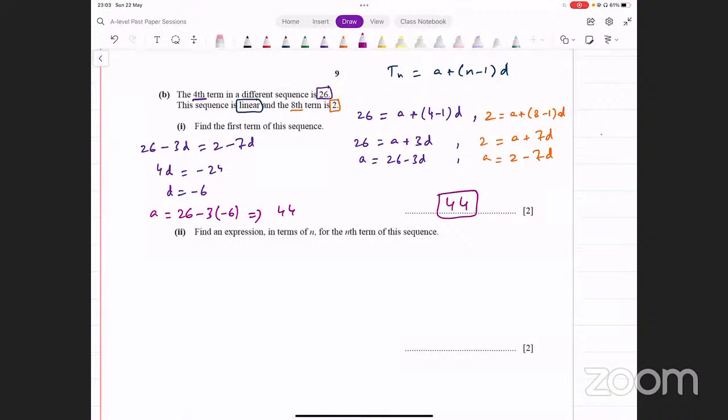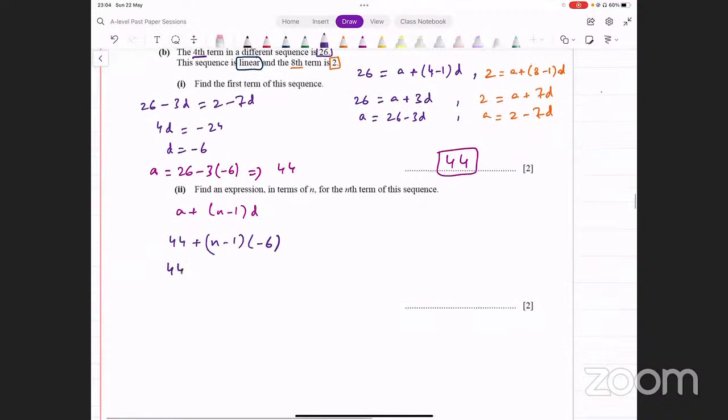ठीक है? Now it is a slightly long process, but if you can't do it mentally, then that's the formal way of thinking about this. या आपके पास 44 रिजल्ट आ गया, that's the first term, a की वैल्यू आ गई, ठीक है। Now once you've got the value of a and the value of d, first term और डिफरेंस दोनों आ गए आपके पास, उसने कहा nth term का फॉर्मूला लिख दे। nth term क्या होती है? अगेन a plus n minus 1 times the difference, इसमें वैल्यूज इनपुट कर दें, a is 44 plus n minus 1 times the difference is -6, we evaluated that here, वो input कर दें। Let's simplify this.